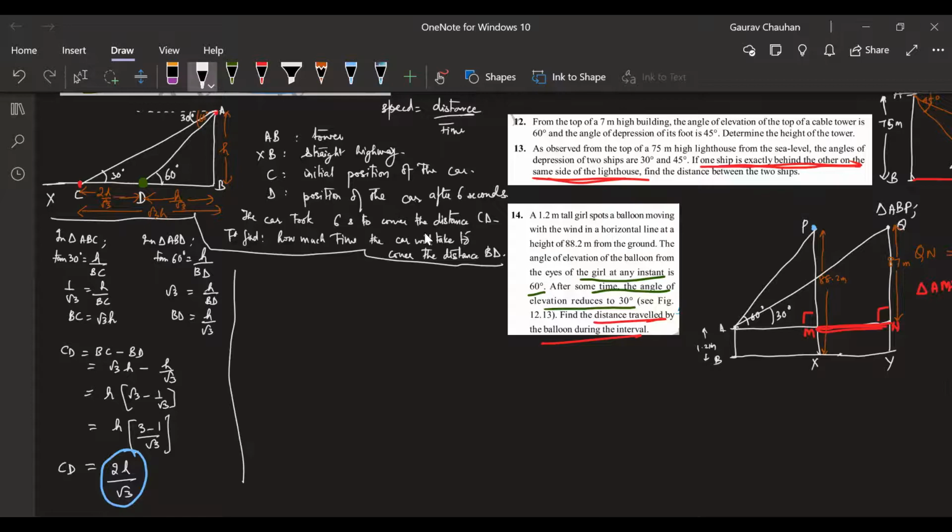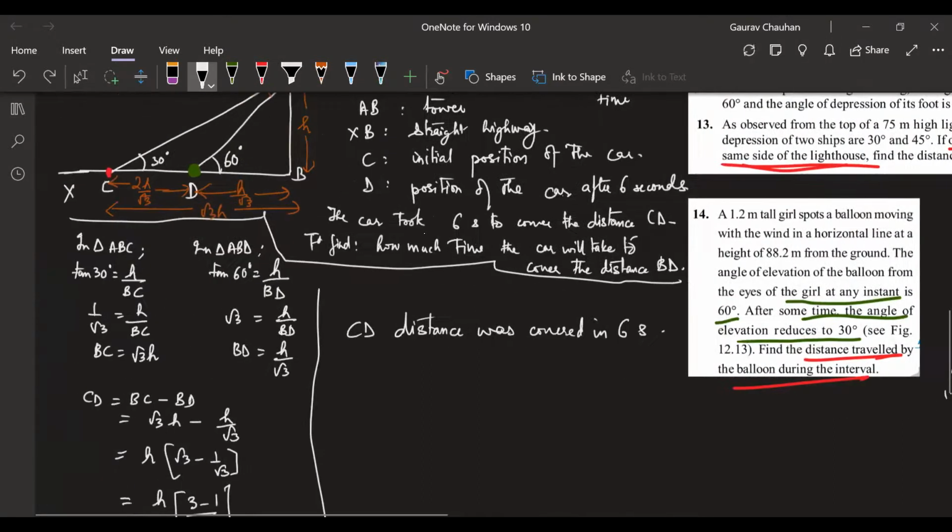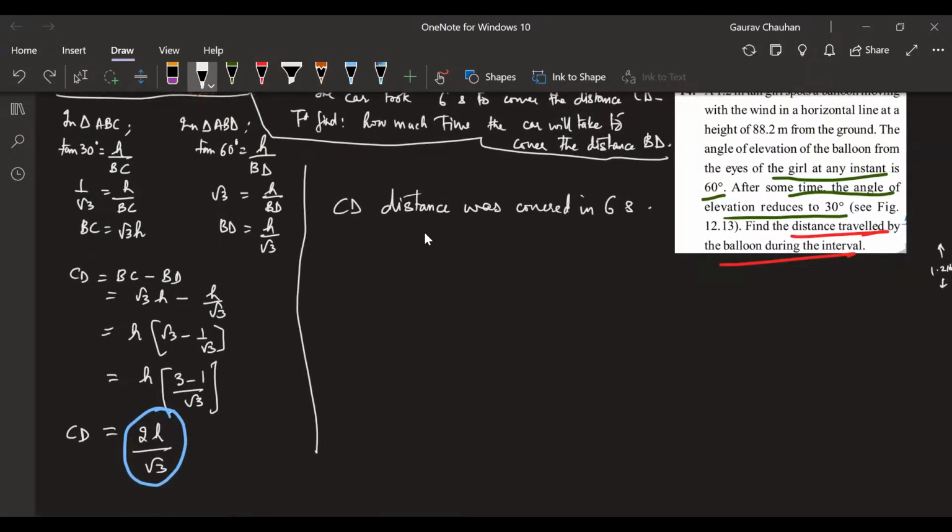I'm going to continue here. CD distance was covered in 6 seconds. Which means speed or velocity, whichever word you want to use, because it's on a straight line here, it does not matter. So I'll write velocity is uniform, right?